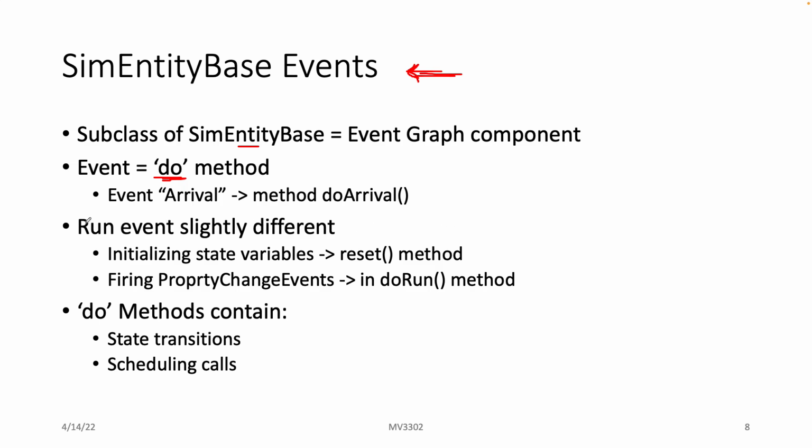Okay, so the one exception to that is the run event. So there's a do run method, but the initializing of the state variables, that is the state transition, is done in the reset method. And there are a couple reasons for that.